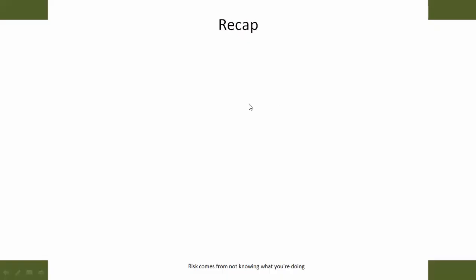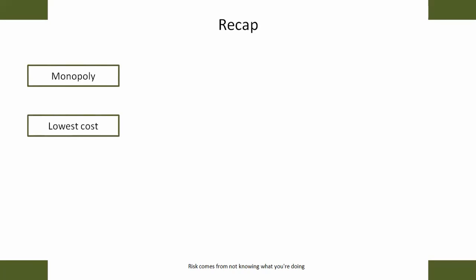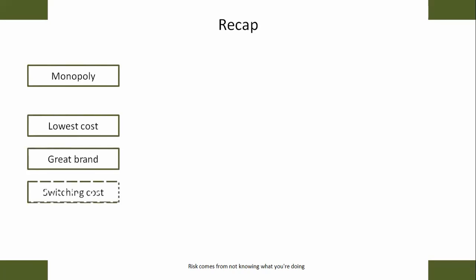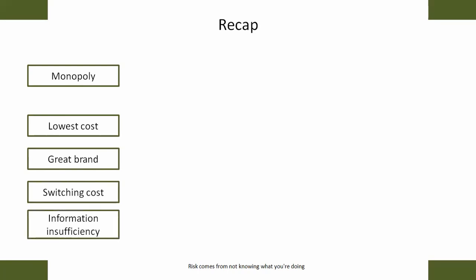So let's recap what we discussed so far about moats. So moats could be a monopoly, or it could be a lowest cost producer, or it could be a great brand, or there could be switching cost or information insufficiency. Let's look at monopoly.